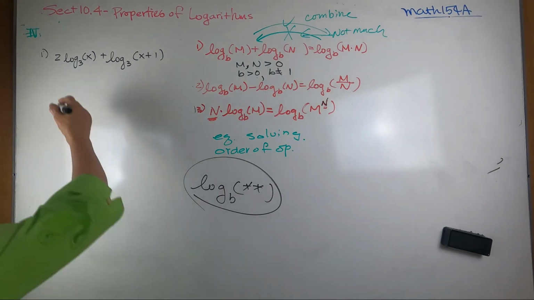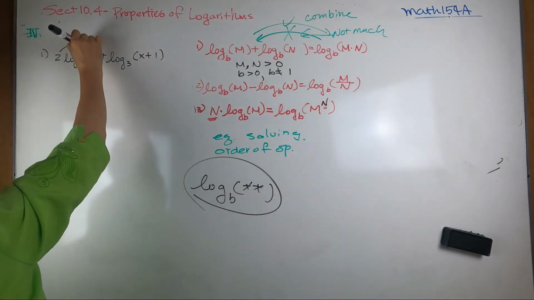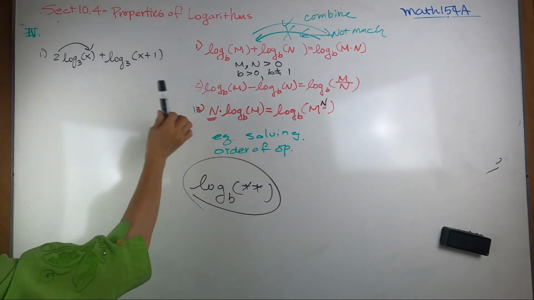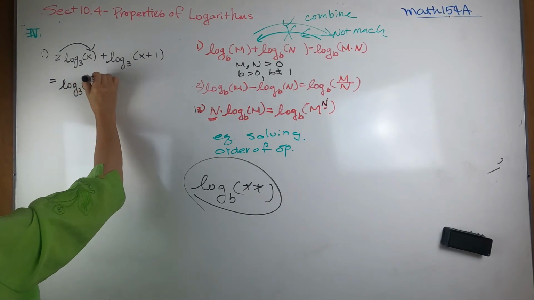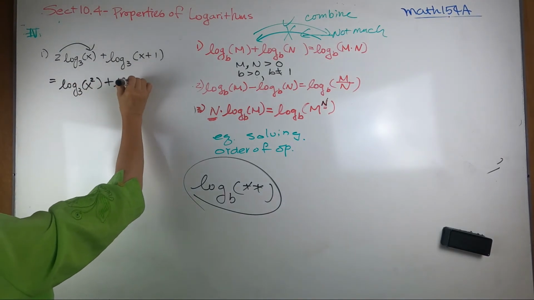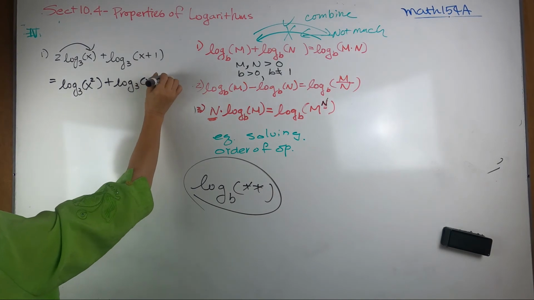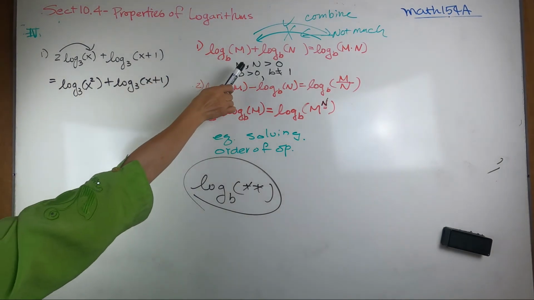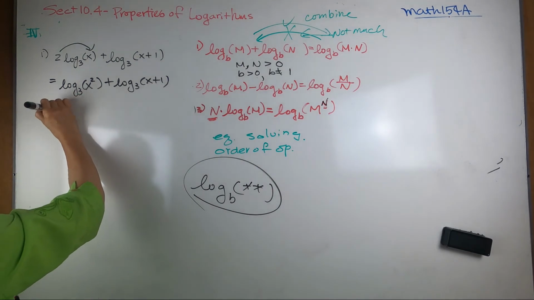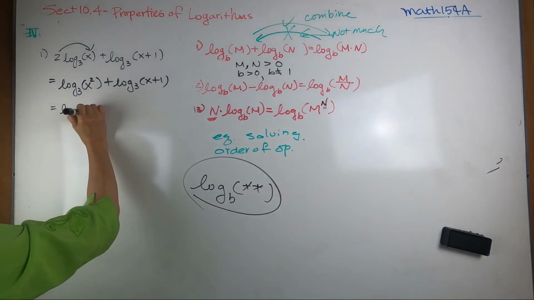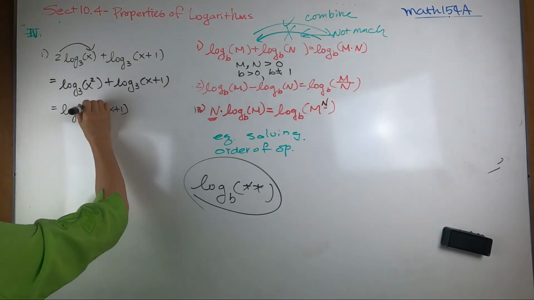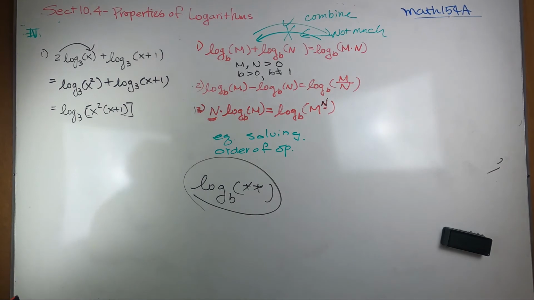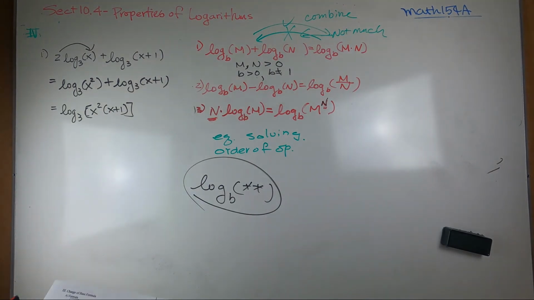So we don't want a 2 here; we want to move it inside by the power property. We will have what? Log (3x) squared, right? Then add this. When we do the addition, we multiply inside, which will be log of (3x) squared times (x+1). You can multiply them out, or you can leave it as is. Either way would be fine.